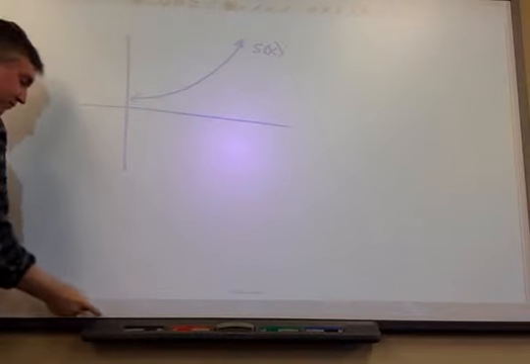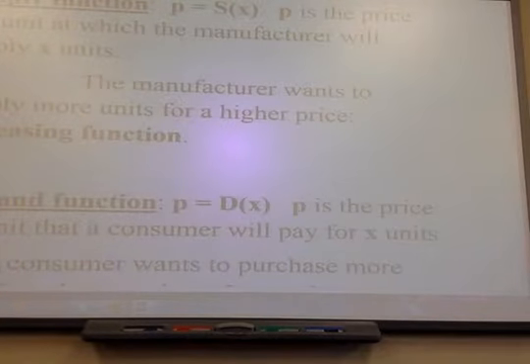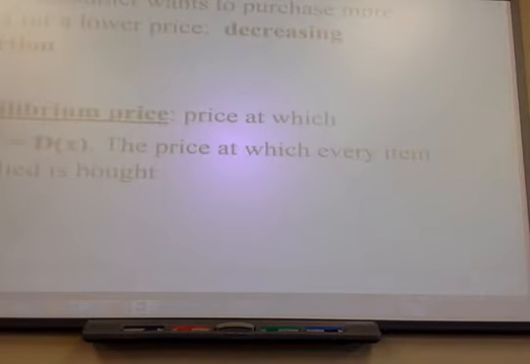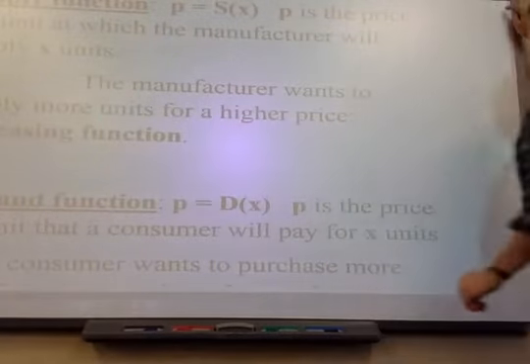And then the demand function, P equals D of x. P is the price per unit that a consumer will pay for x units. And we know, and this should be total. That makes me so angry. Might be able to go on the other side. Let me see if that would help.